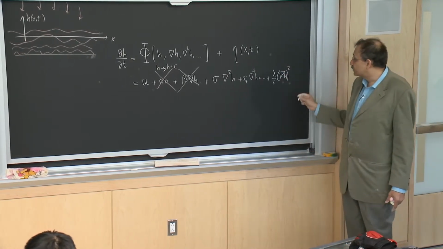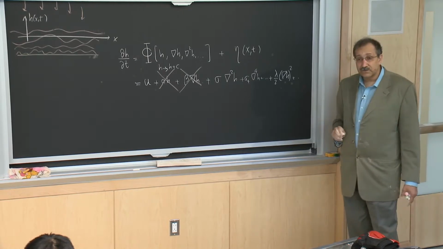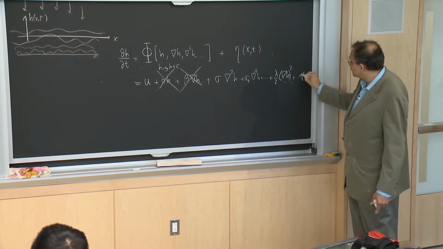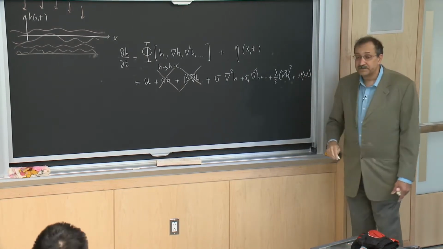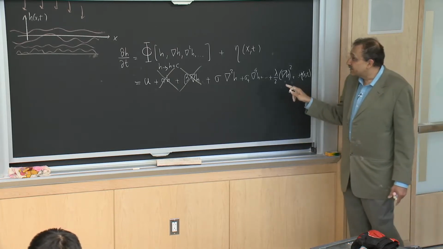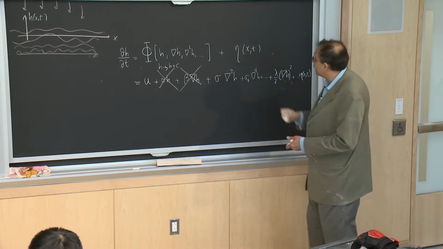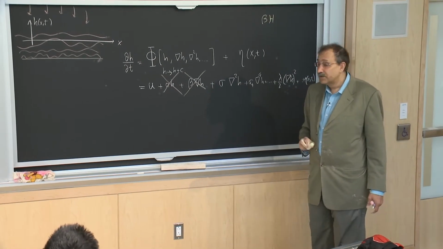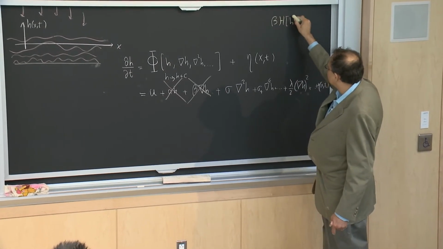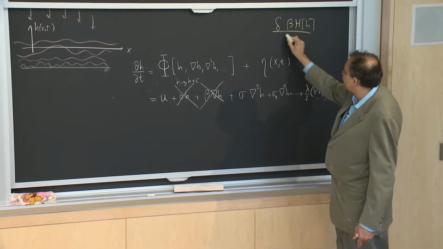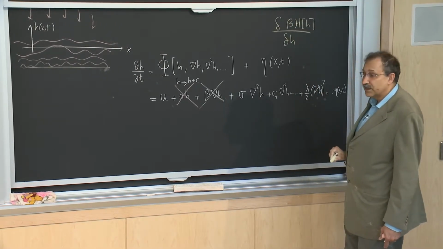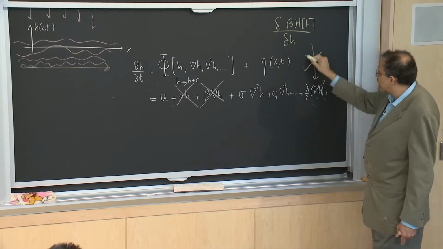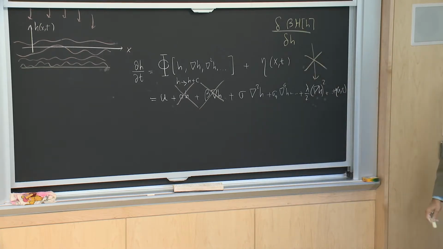You are allowed to have this term and so forth. Now, the interesting thing about this term is that there is no beta h that you can write down that is local, some function of h, such that if you take a functional derivative with respect to h, it would reproduce that term. It just does not exist.